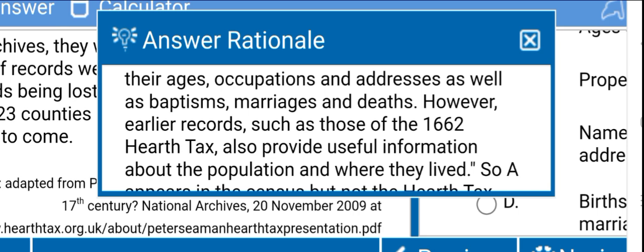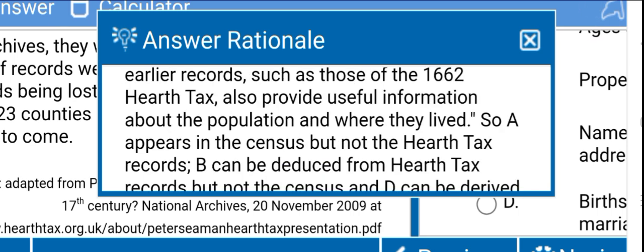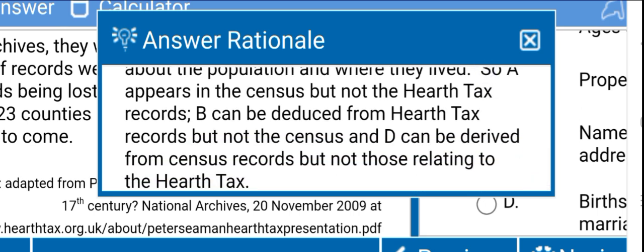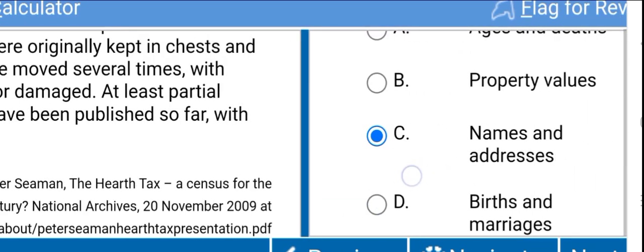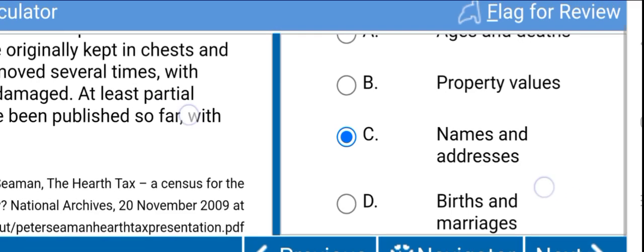So A appears in the census but not the herd tax records. B can be deduced from herd tax records but not the census. And D can be derived from census records but not those relating to the herd tax. So here we have option C, names and addresses, is the correct.